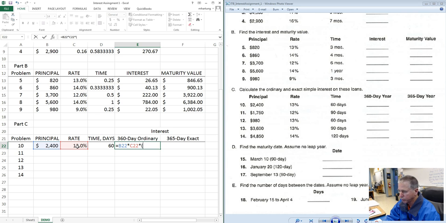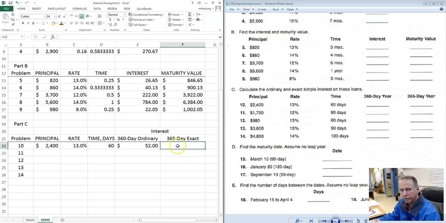So we're going to put that parenthesis, we're going to click on our 60 days, not multiply, divided by 360. There we go. That would be $52.